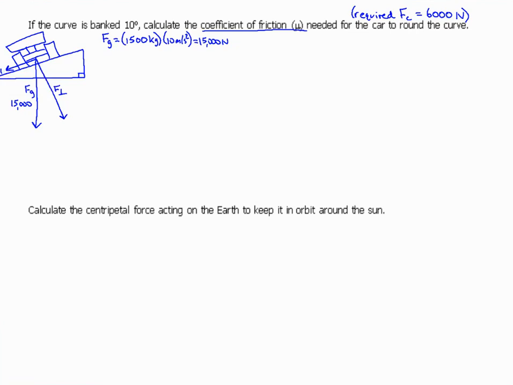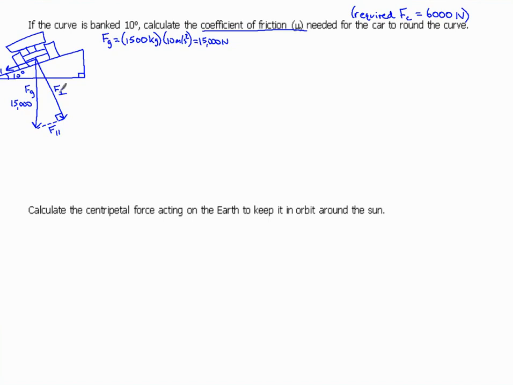And that is the force that is pulling it down the ramp. So we can make this into a triangle. This would be the force parallel. Let's also put in, this is a 10-degree banked curve, which means this smaller angle is also 10 degrees.